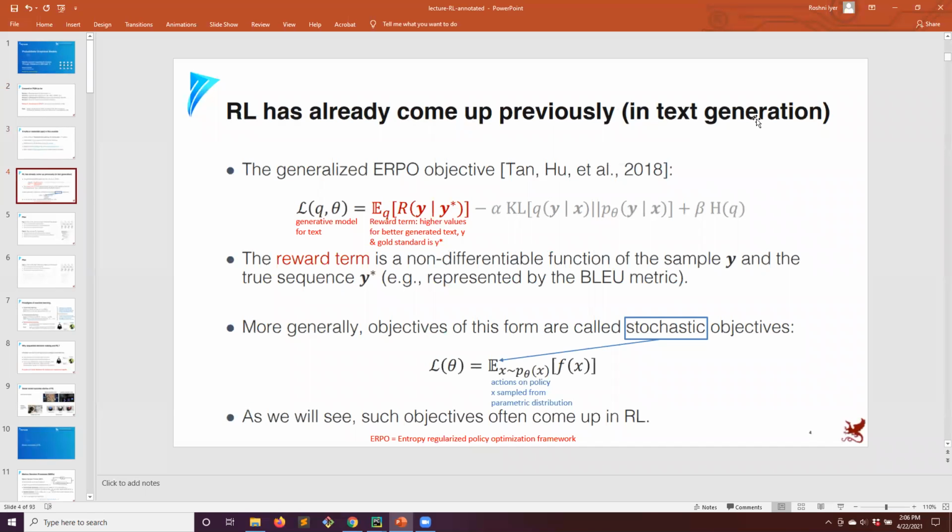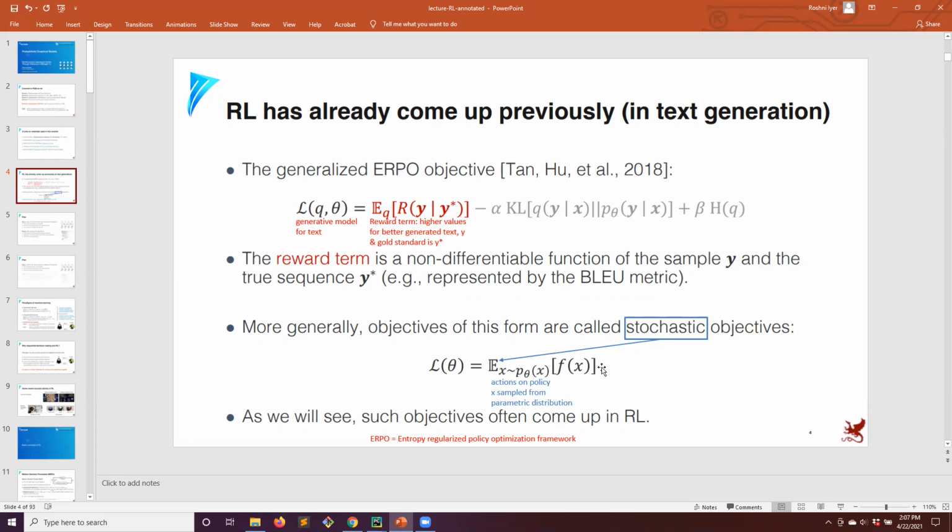actually has come up previously in text generation, in the framework for the entropy regularized policy optimization framework, where we observed a loss function looking like this, where this is the generative model for the text, and this is the expectation of a reward term, where we have y's for the better generated text, and then our gold standard is this y star here.